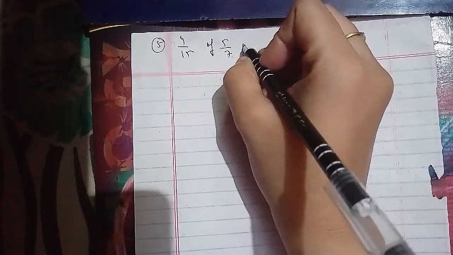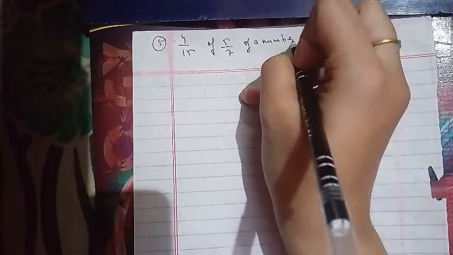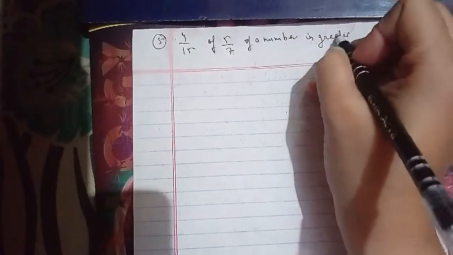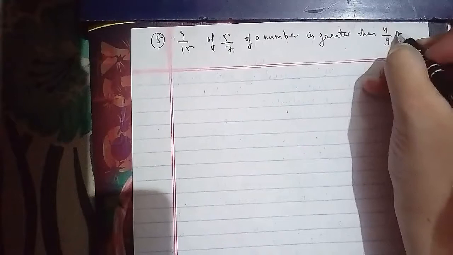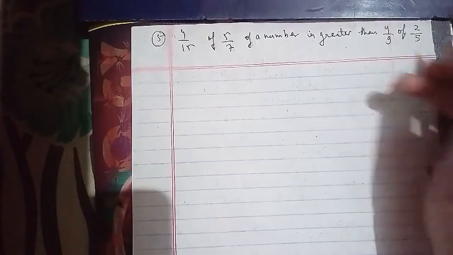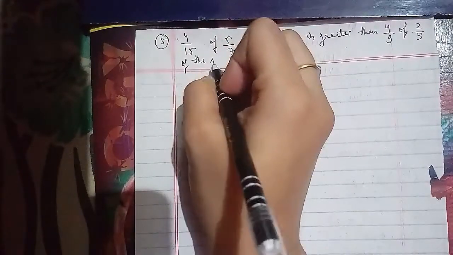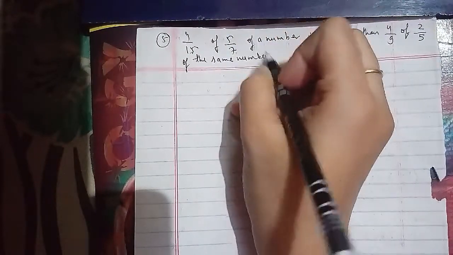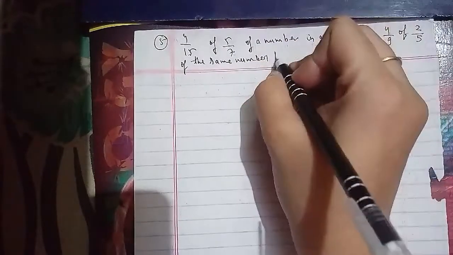4/15 of 5/7 of a number is greater than 4/9 of 2/5 of the same number by 8.